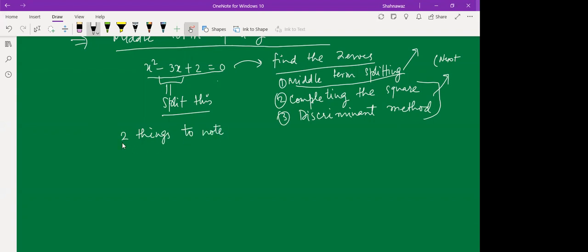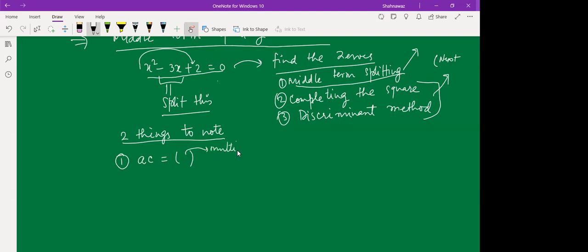First one is taking the multiple. So if you multiply this coefficient and this coefficient, A into C, this will be your multiple, right?